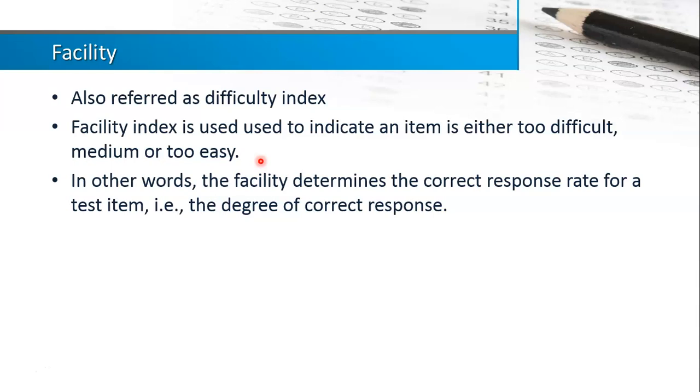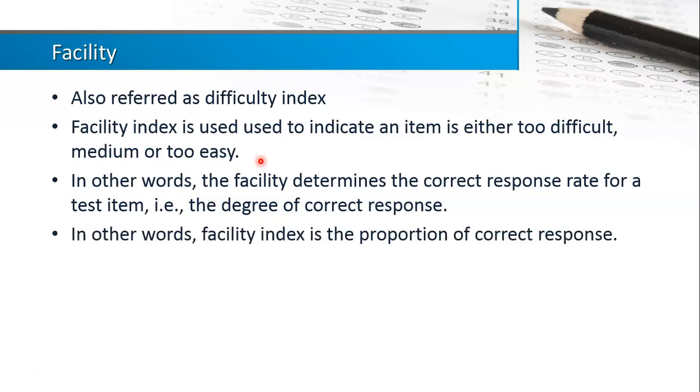So you can understand facility is a degree of correct response, meaning you want to know the proportion of the students who have the correct responses. If we look at the facility index in terms of percentage, facility can also be understood as the percentage of the students who have correctly responded to that particular item.